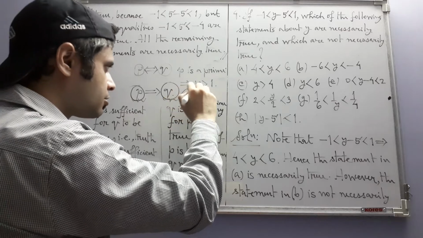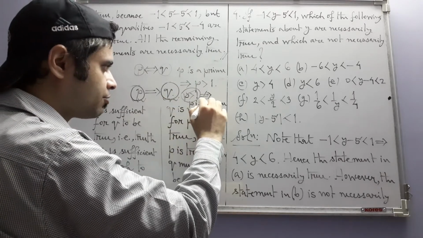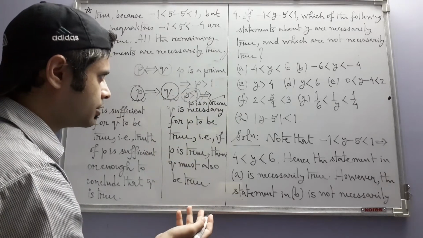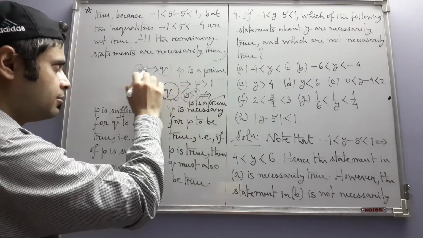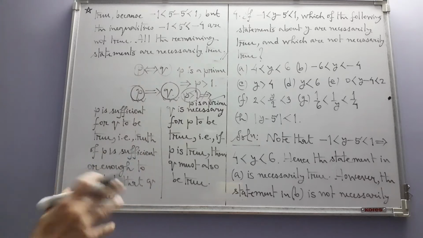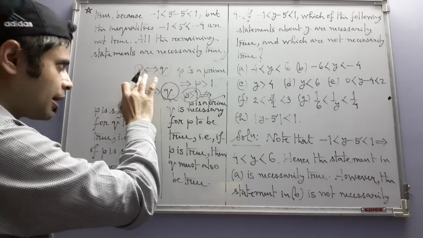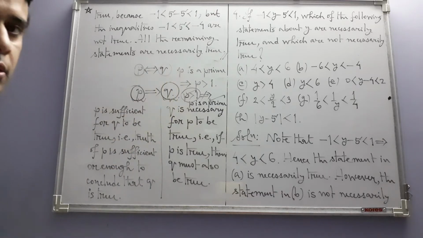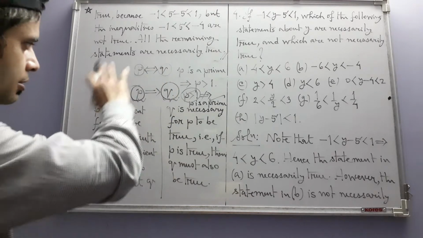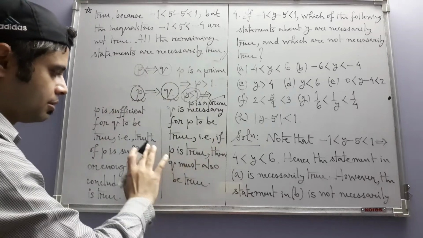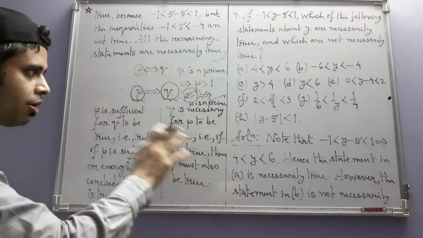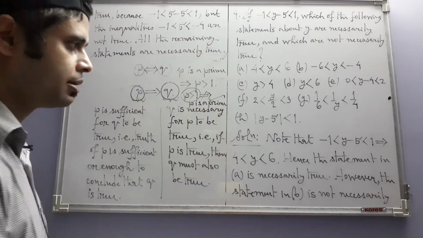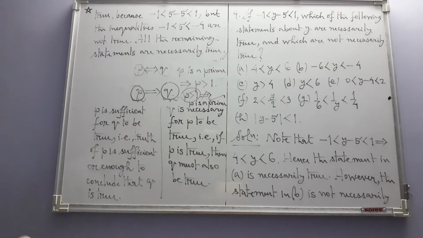So this is not a sufficient condition, only a necessary condition. Had the two been equivalent, then any one of them would be a necessary and sufficient condition for the truth of the other. So this is the logic behind what we say when we say necessarily true, or something is sufficient for something else.